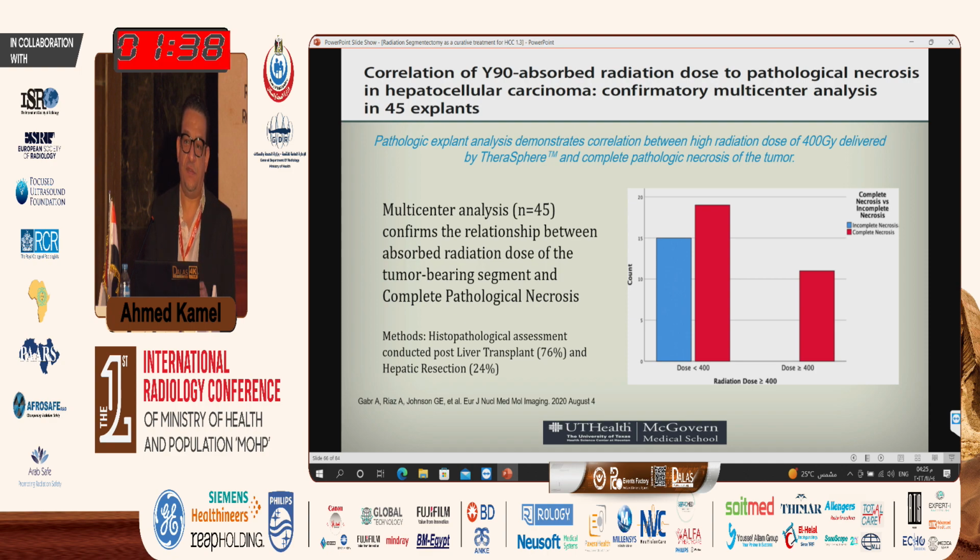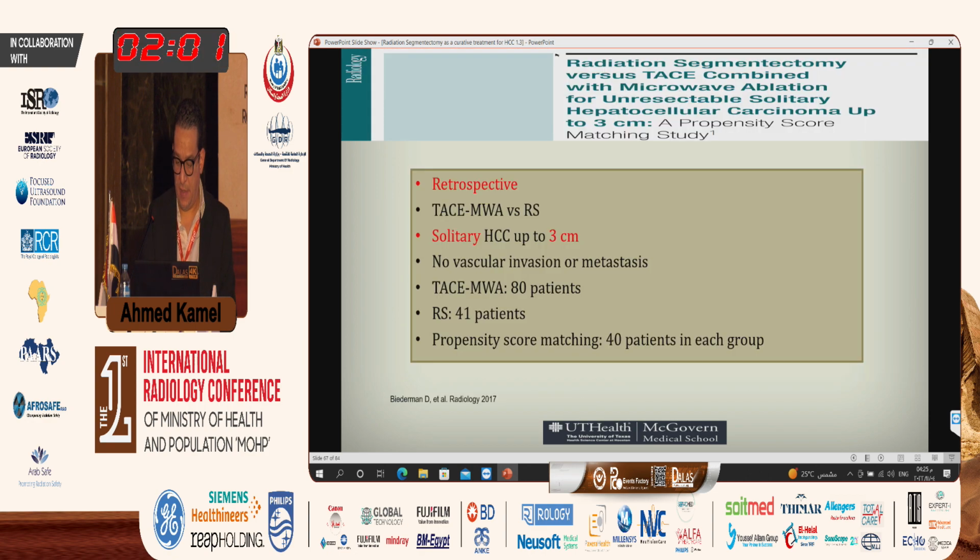I haven't really seen studies that have gone so far from treatment to radiologic comparison and then pathologic comparison as well, because some of these patients, 45 patients, also had liver transplant, so they were able to get pathologic results also. So again, a very true study, which shows the effectiveness of this treatment.